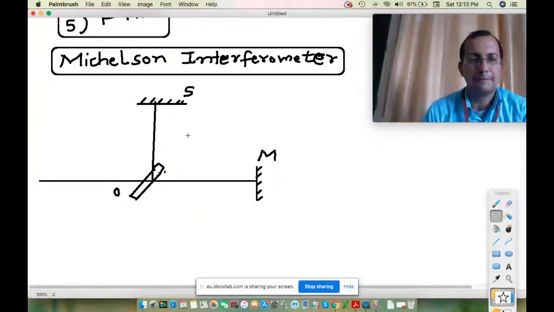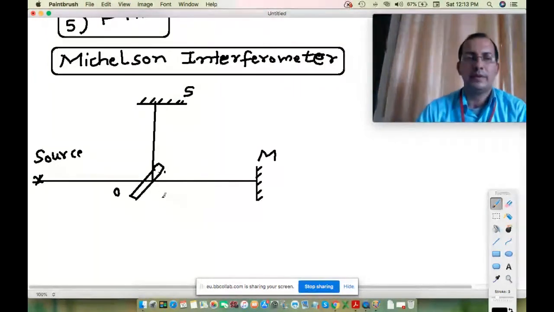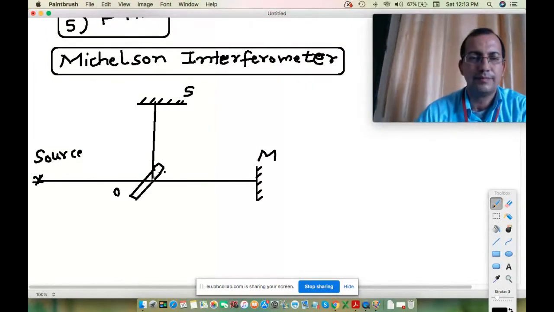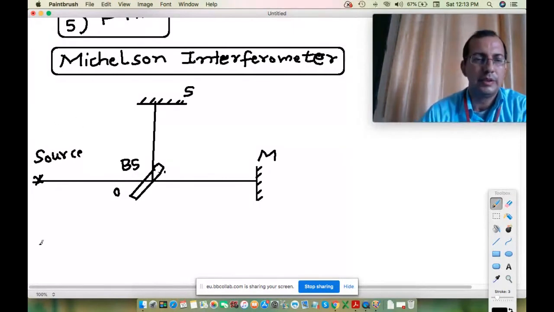So beam splitter is here, and you have a source at this point, and this is the source. Okay, so again, let me repeat the things which are there. This is a beam splitter, BS. What I'm saying, at point O, you would have this beam splitter. What is a beam splitter? You should know that BS is a beam splitter.